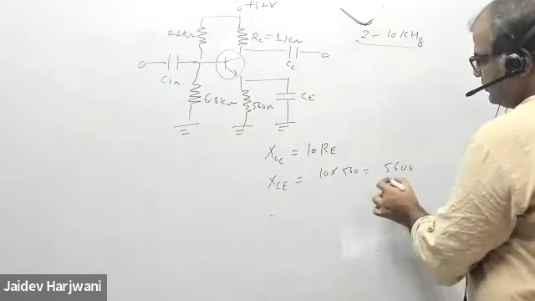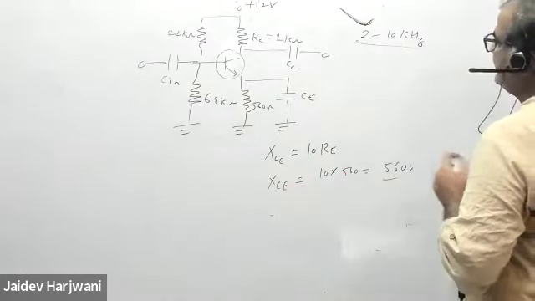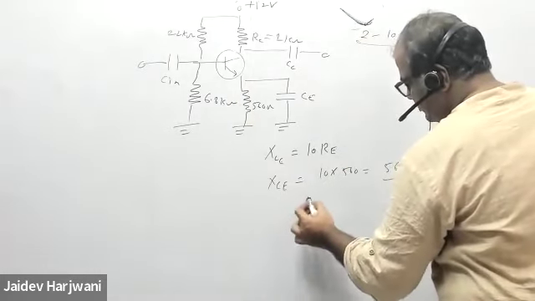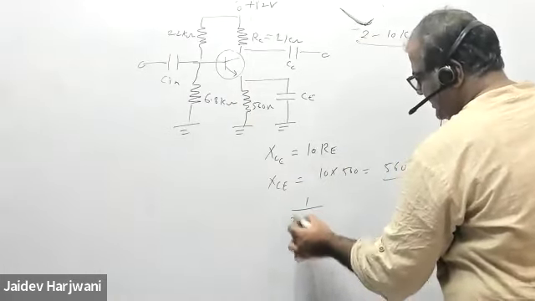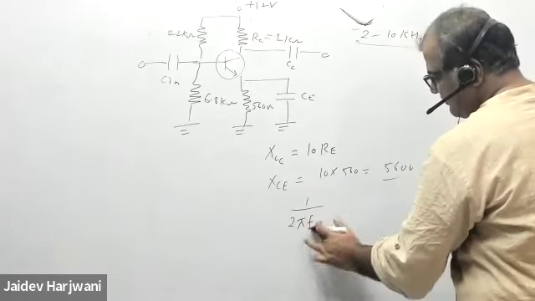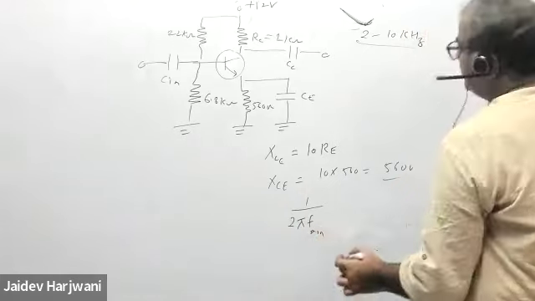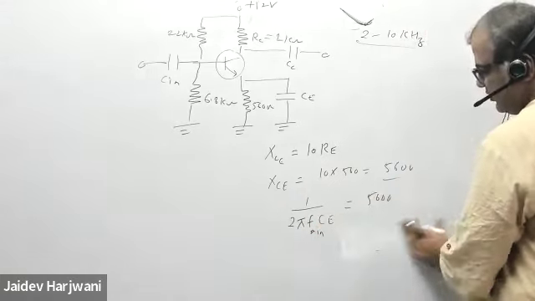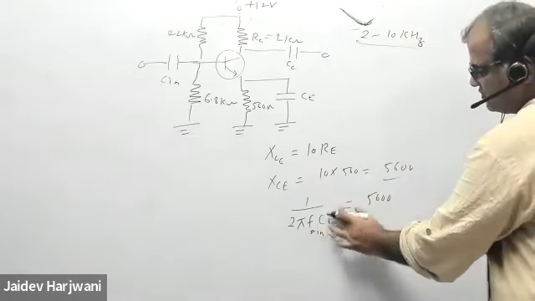Now I know this XC value, and I want to design for minimum frequency. XC is equal to 1 upon 2 pi F, where F is F minimum, CE. From here you can find the value of CE.